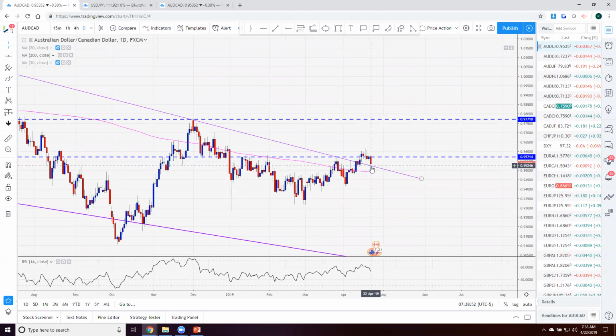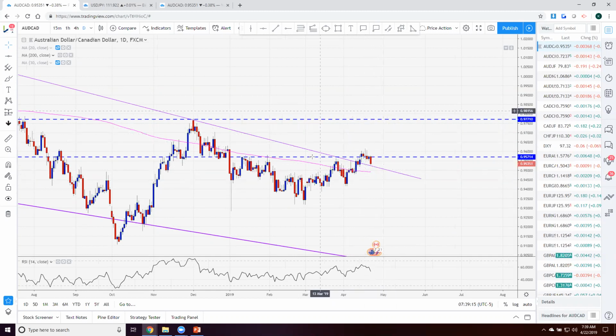We could see a bounce from here, or if we continue to fall down below that, we can see some a little bit further choppiness down in that area. We do have the 200 MA just below, so that could form a small support area. So we'll see.